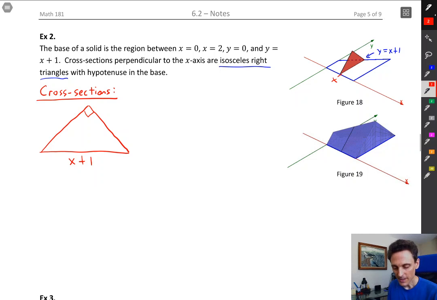But now if we want to find the area of this cross-section, the area of this isosceles right triangle, then we're going to need to know what these legs are. If you think about the formula for the area of any triangle, it's going to be 1/2 base times height. Now, we could take the hypotenuse to be the base, but then we'd have to figure out this height up here.